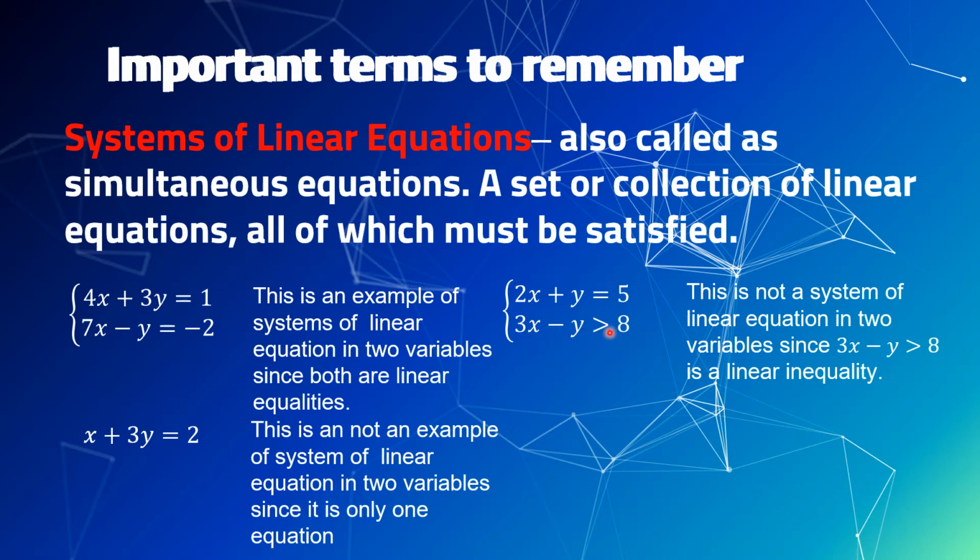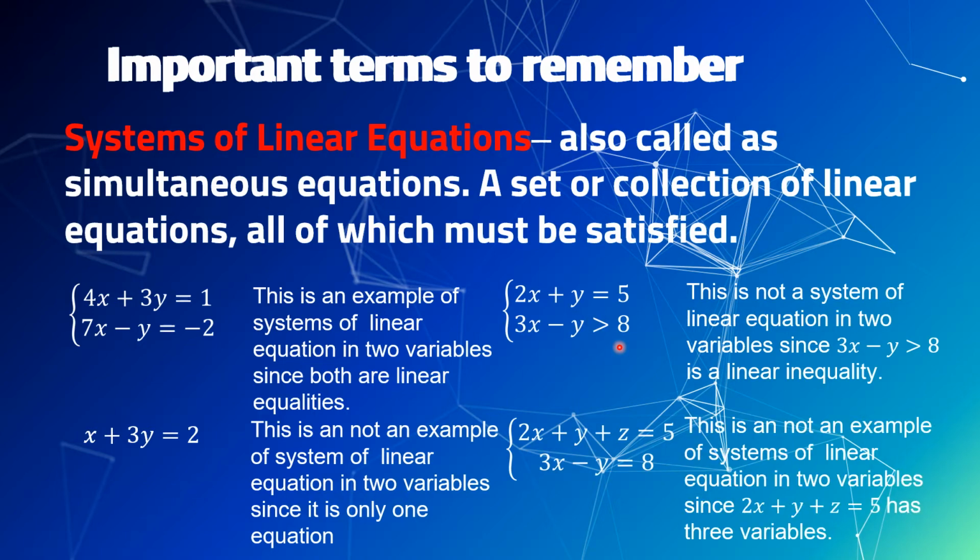This is a linear inequality because of the presence of the greater than symbol. And the last one is also not an example of a system of linear equations in two variables, since 2x plus y plus z equals 5 has three variables. So we are just going to focus on linear equations containing two variables.